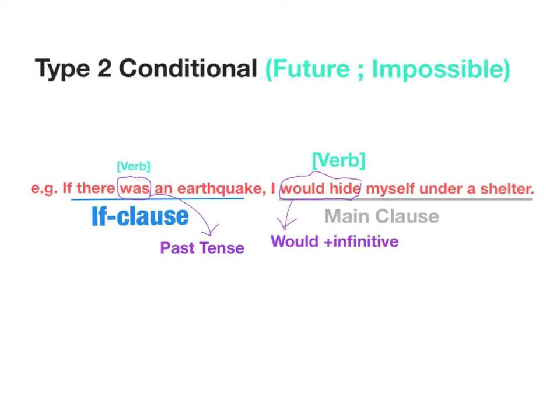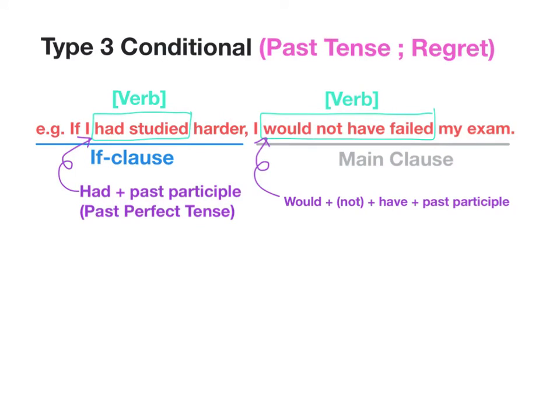Maybe in this country, it's not likely for an earthquake to happen, so we'll use a type 2 conditional sentence. And for type 2, we'll use past tense plus would infinitive. We're not going to talk about type 3 conditional sentence right now.